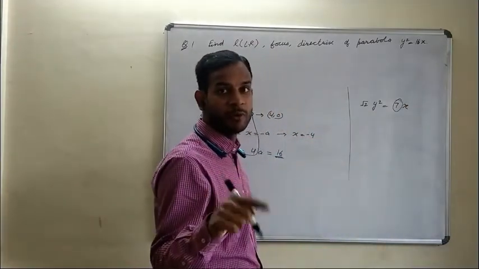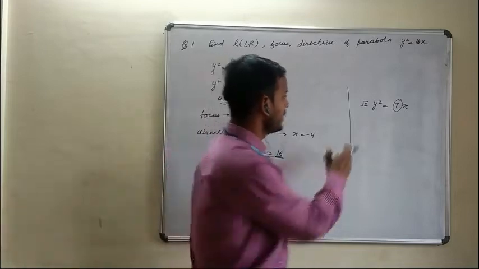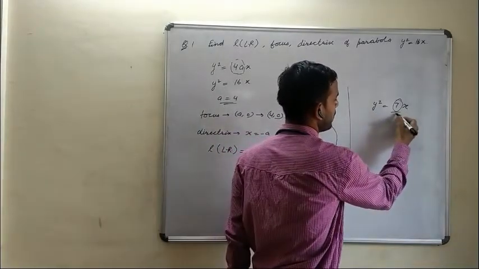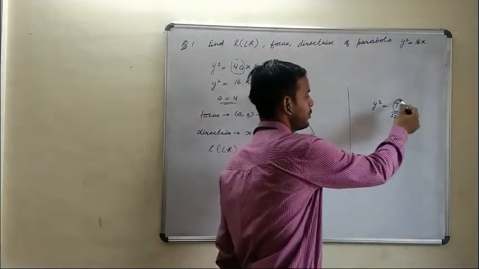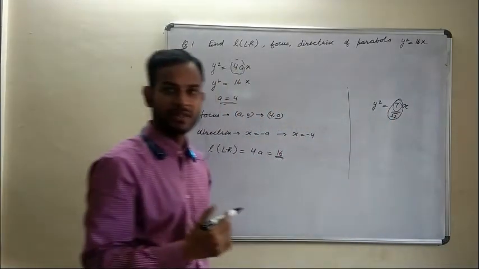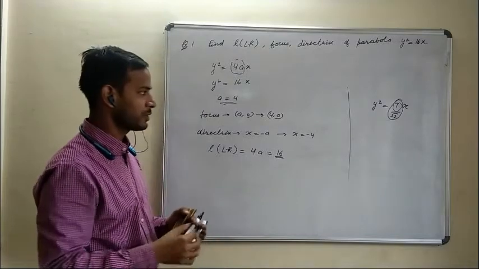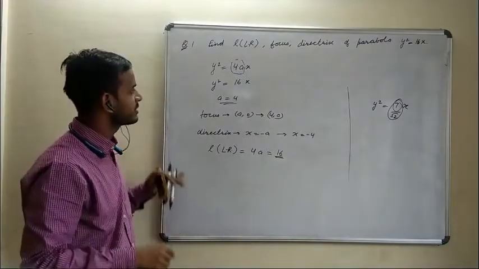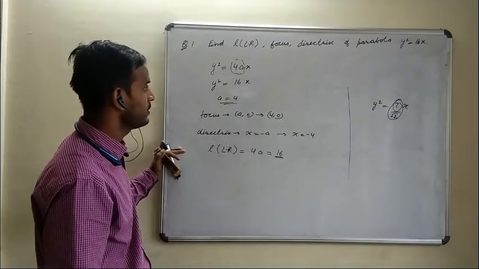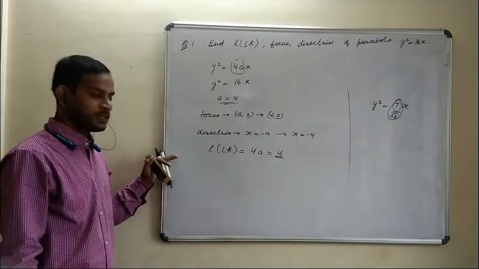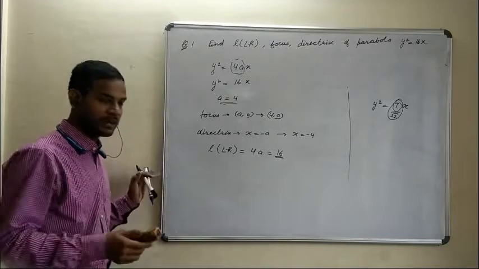The correct form that we want the equation to be in is this one. Now, this is in our desired form, and now you can say that 7 by root 2 is the length of latus rectum. Okay, so do not make that mistake. So let us have a look at another example.